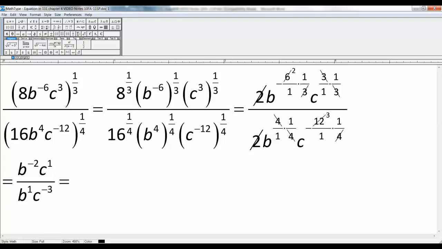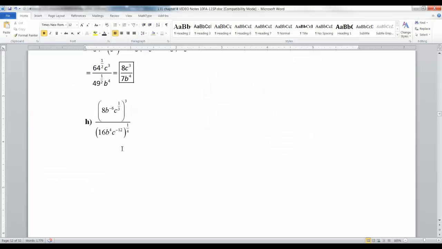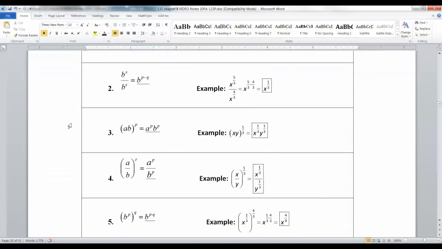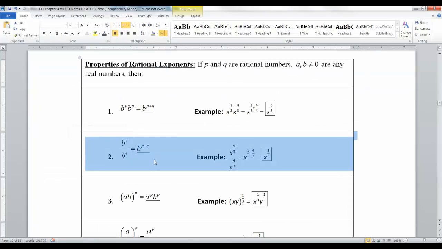Now, you want b to the, now remember what you can do. You can subtract. Negative 2, take away 1. C to the 1, take away negative 3. I'm just using that property back here that says, right here, number 2.